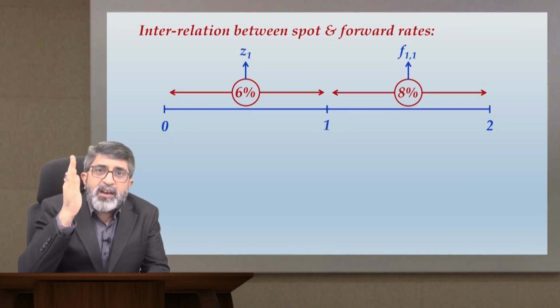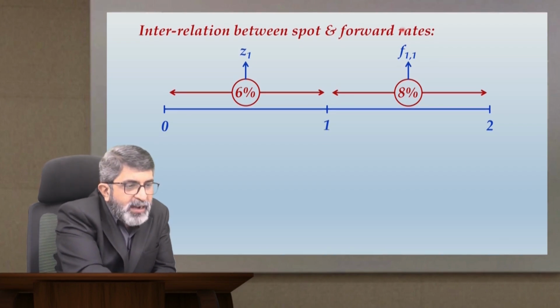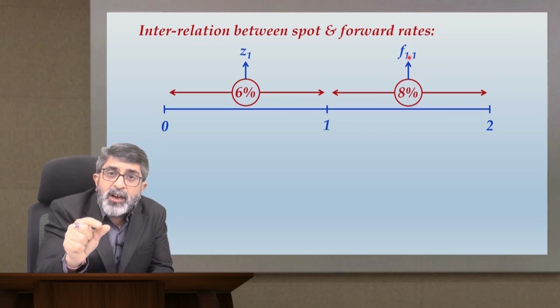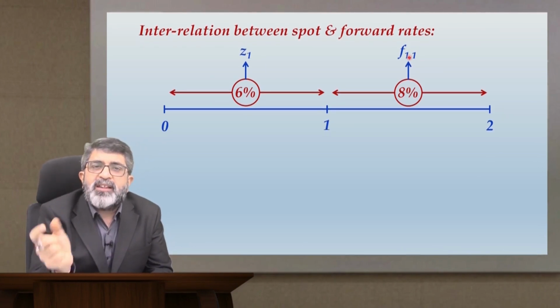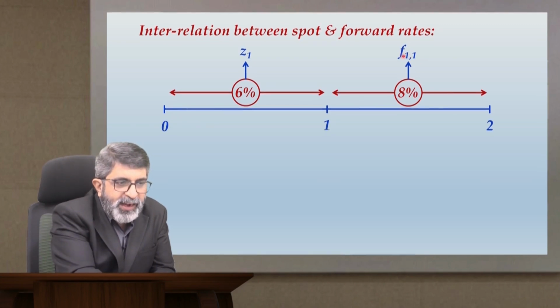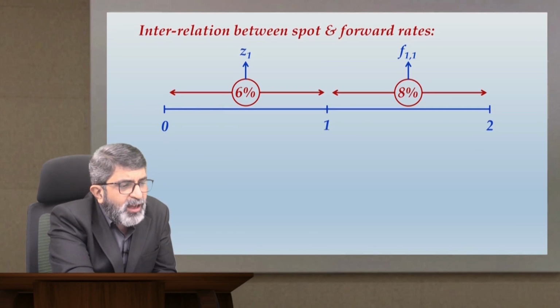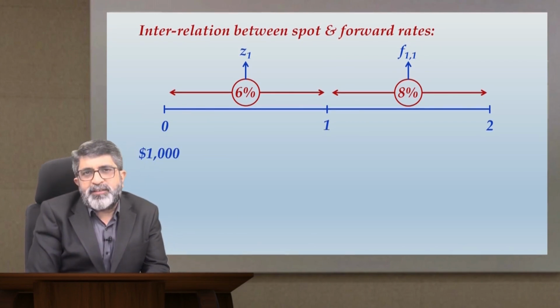Because it is a 1 year loan starting after 1 year. The first one in this term indicates J, that is the period after which the loan initiates, and the other one is the duration of the loan. So it is F1,1.